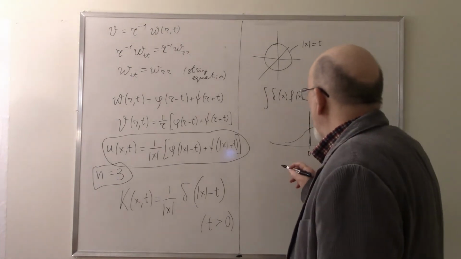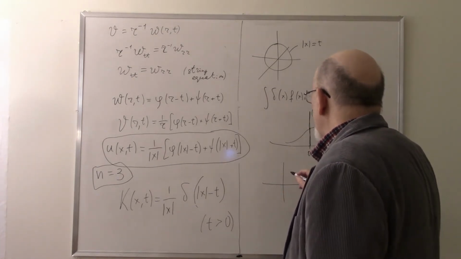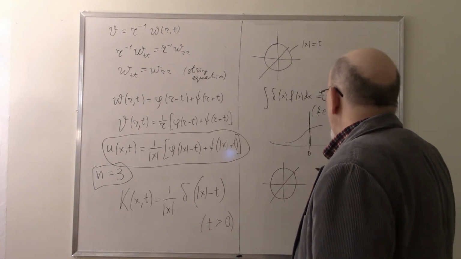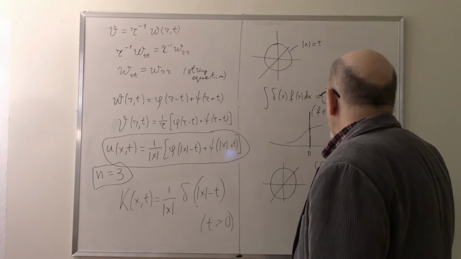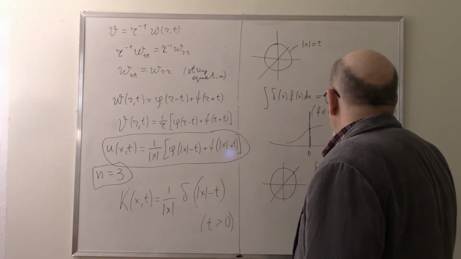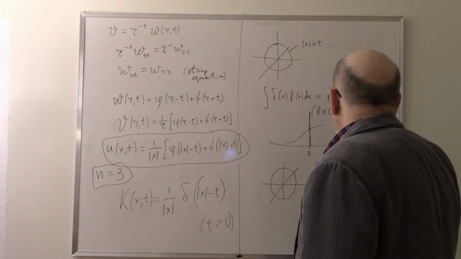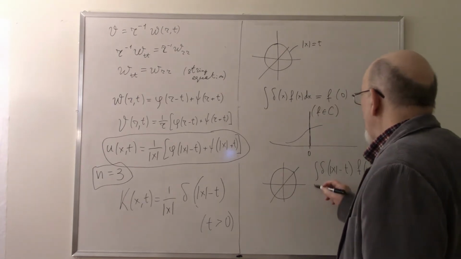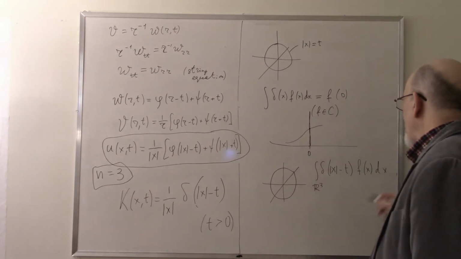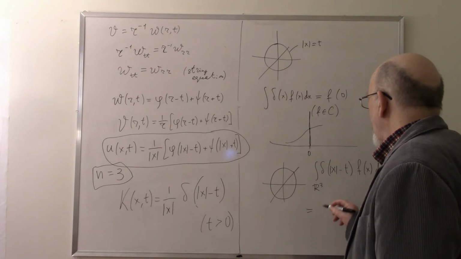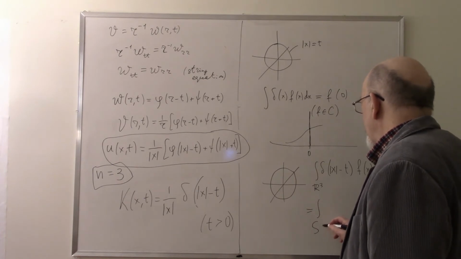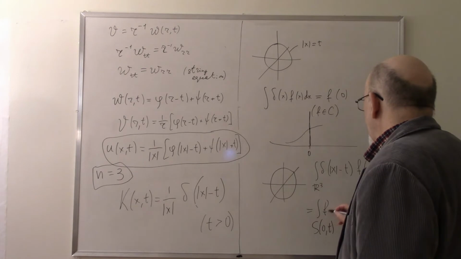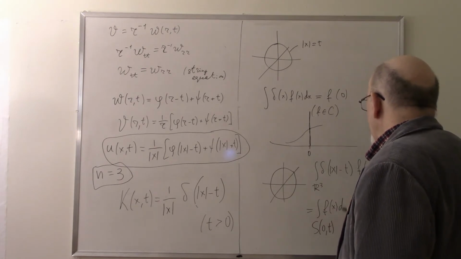So if you consider, say, the delta function on the sphere, and consider the integral of delta of module x minus t, f of x dx, integral over R3, for example, it is nothing but the integral over the sphere, center 0 and radius t, of f of x dsx.